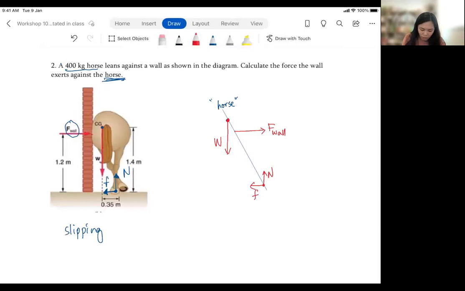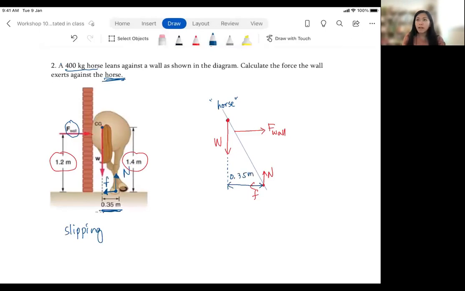If you want, you can also indicate these distances. So why don't we put that in our free body diagram? Okay, so the weight force is 0.35 meters away from where you have your normal force and the frictional force. So this will be 0.35 meters.